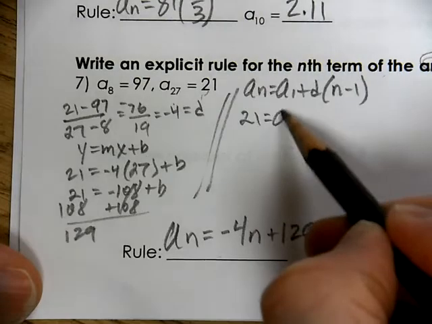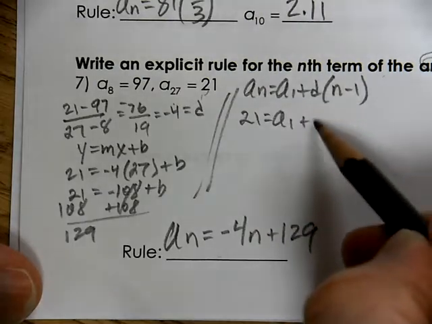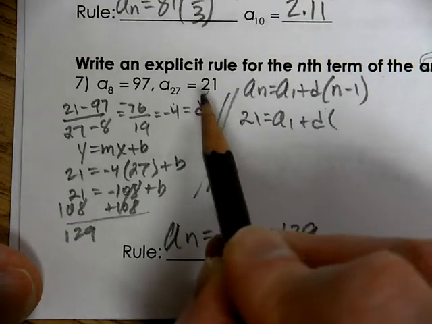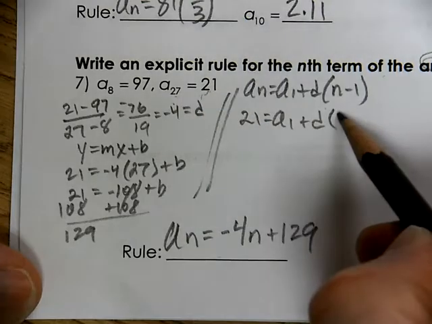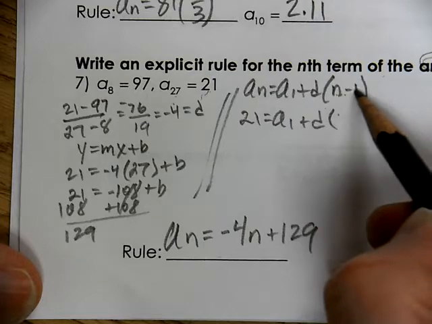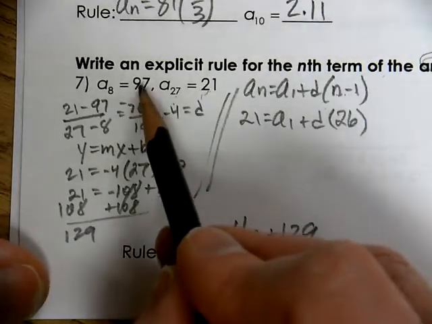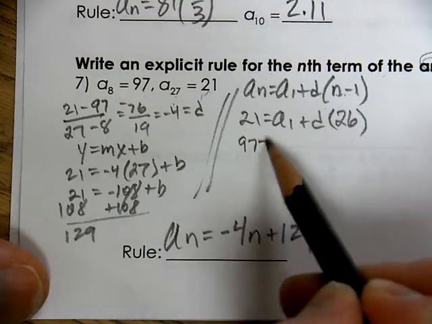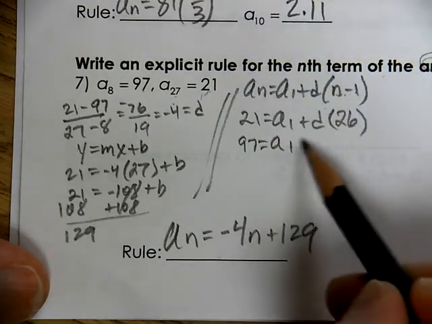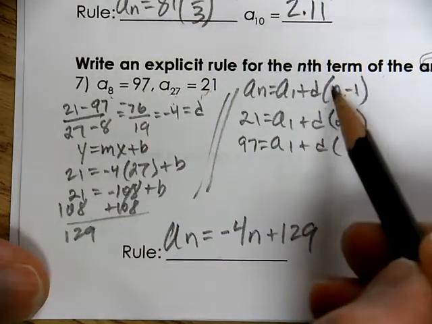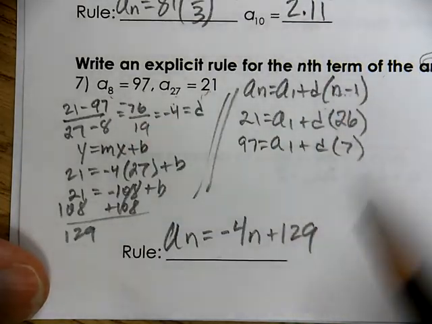We don't know what the first term is. We don't know what the difference is. We get 21 by plugging in 27, so 27 minus 1 is 26. We'll just jump to that. And when we plug in 97, we don't know what a of 1 is. We don't know what the difference is. But when I plug in an 8, 8 minus 1 is 7.